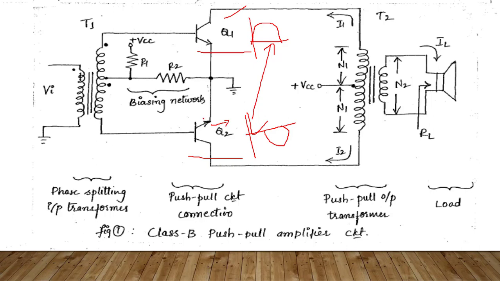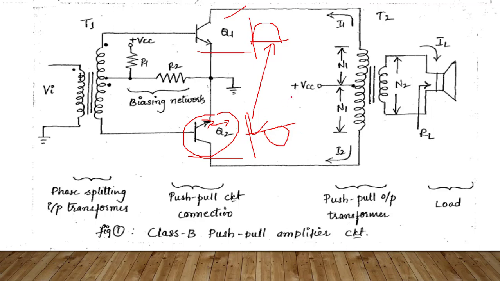Very important. See here, the symbol is like this. Q1 we are using NPN to make the upper 180 degrees, and Q2 we are making such that it gives the lower 180 degrees. Why are we using two transistors? Because class B cannot be used with one transistor for 360 degrees. Our aim is to generate 360 degrees, so we have to use two transistors.